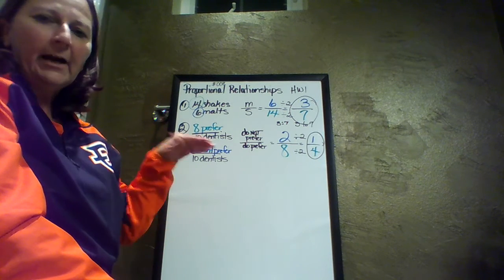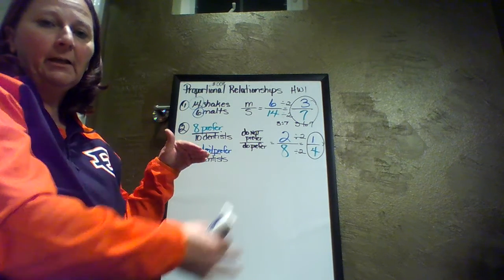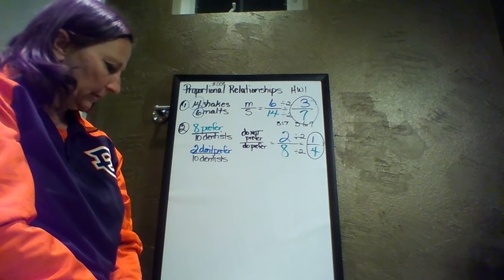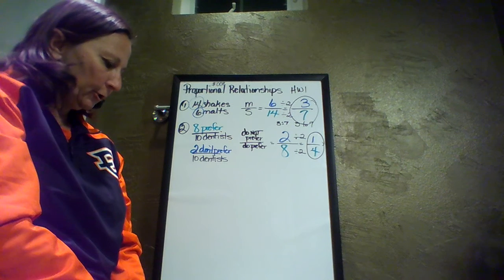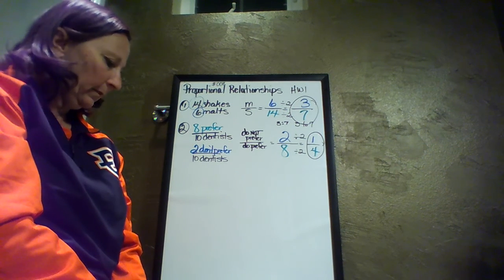So you have 5 servers out of a group of 7 employees. All right, so that's your hint for number 8. And you are trying to find out how many servers they employ.